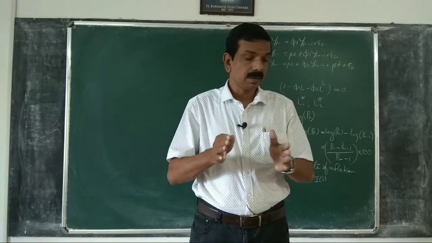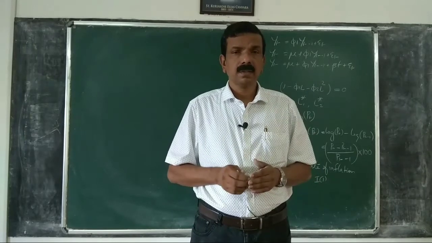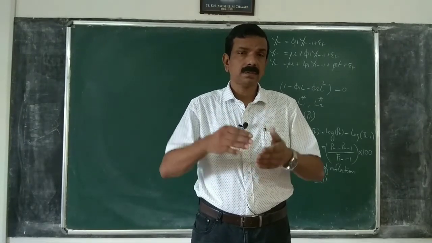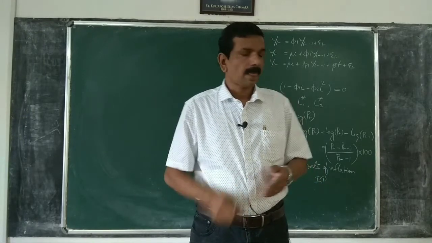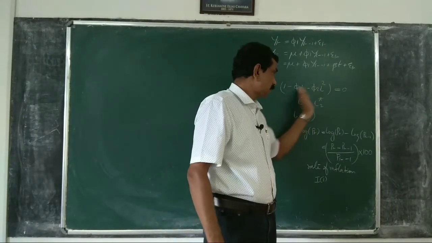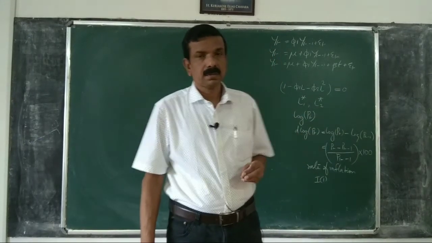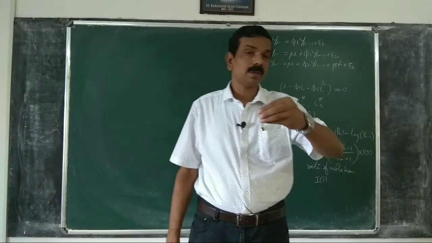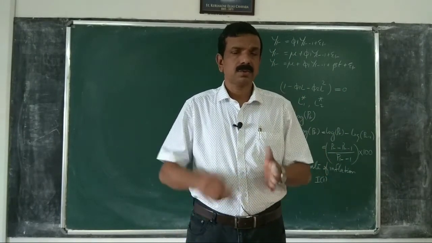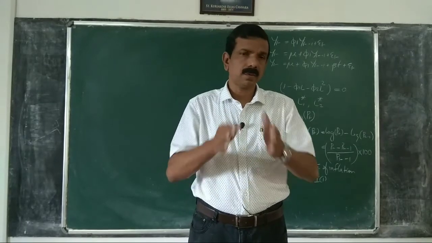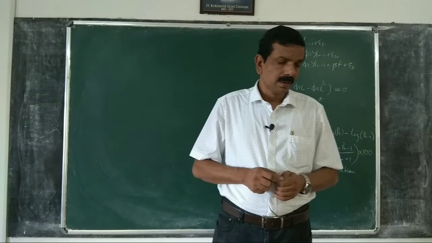So in such cases, we have to test for 2 unit roots or more than 1 unit root. If the process is generated by AR(p), there will be p roots, but there will not be more than 2 unit roots because the maximum which we expect is 2 unit roots. And in most cases, there will be only 1 unit root.